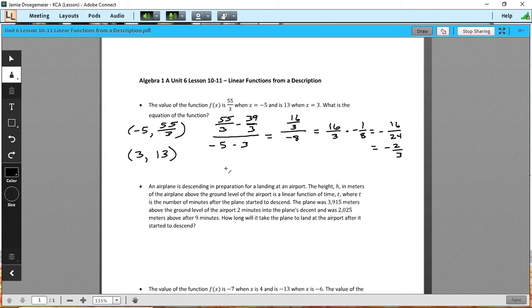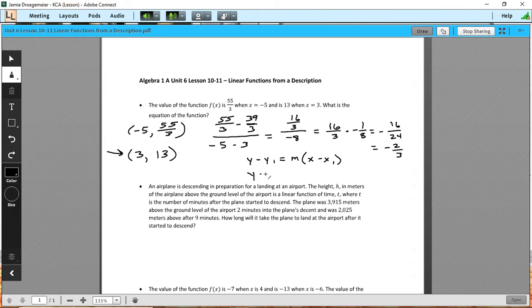And point slope form says that if I take y minus y1, that's equal to the slope times x minus x1. And y1 and x1 are going to be the x and y value from any point that's on the line. And so I'm going to use this point here.